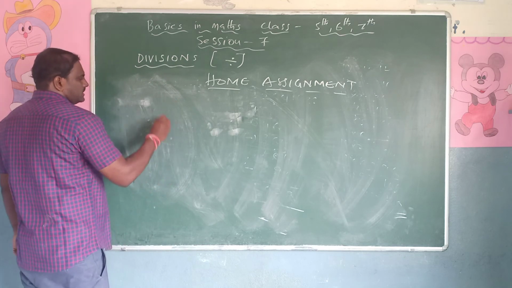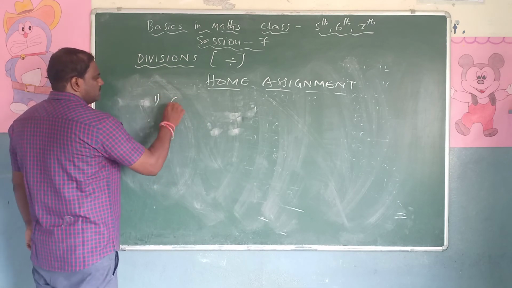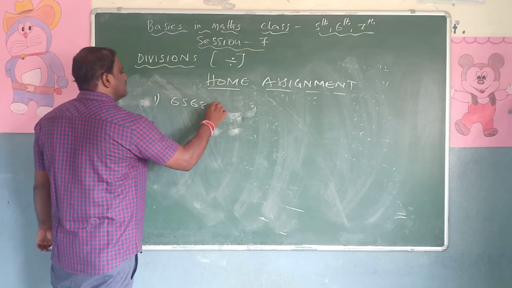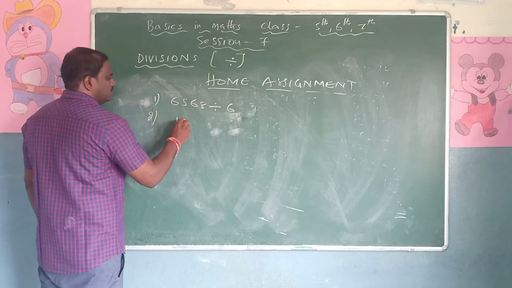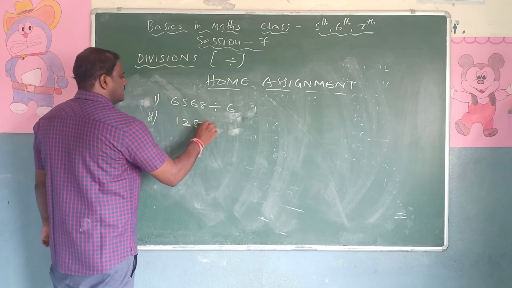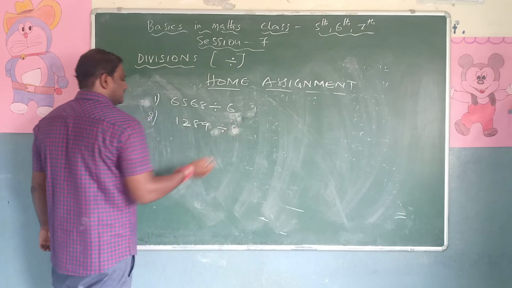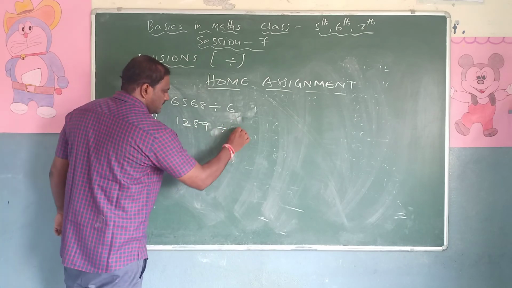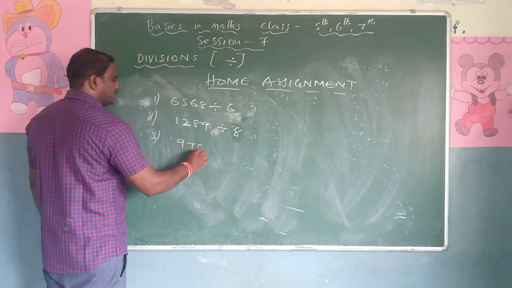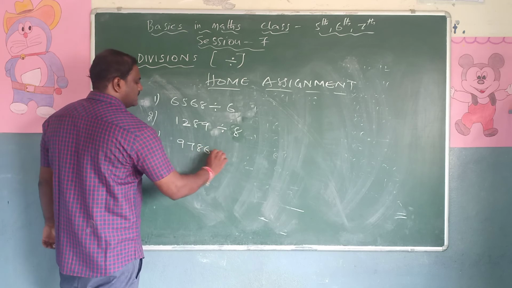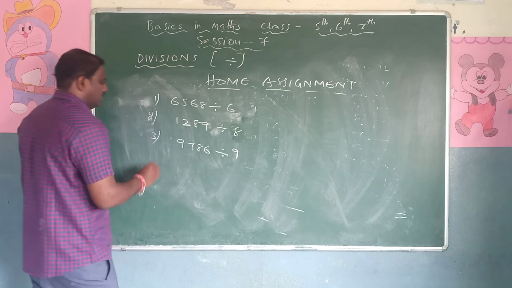In this home assignment, I will give 5 sums. 6,568 divided by 6. And the second question is 1,489 divided by 8. And the third question is a bigger number, 9,886 divided by 9.